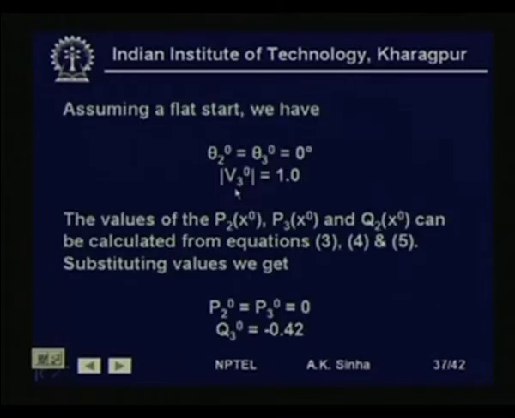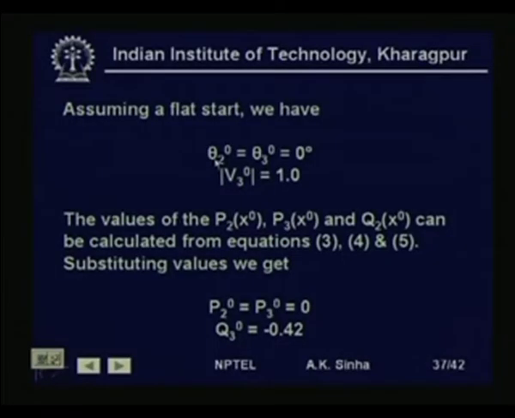So, once we take or assume a starting value, normally, as we said earlier, we assume a flat start. So, theta 2 and theta 3 at the starting point are 0 degrees and V3 at the starting point is 1 per unit. The values of P2, P3 and Q3 at the starting point can be calculated from these equations.